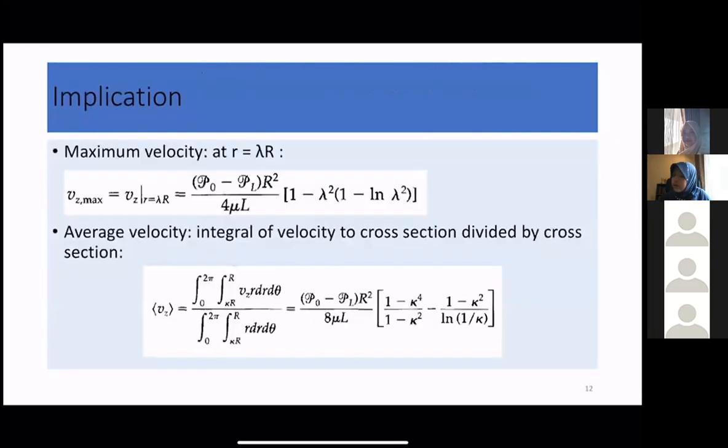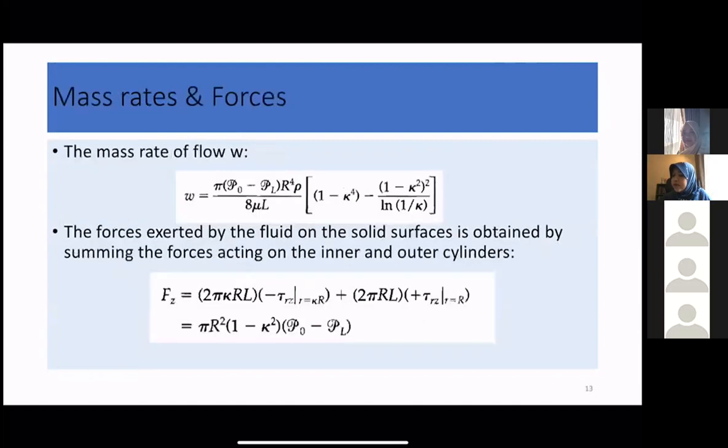Right, so again, in the implication, we can calculate the V maximum with delta R, and we can also calculate the average velocity, and also the mass flow and the force. This is called the force on the inner and also the outer. So this is the additional one, yeah? So the force is actually, we can also call it drag force.